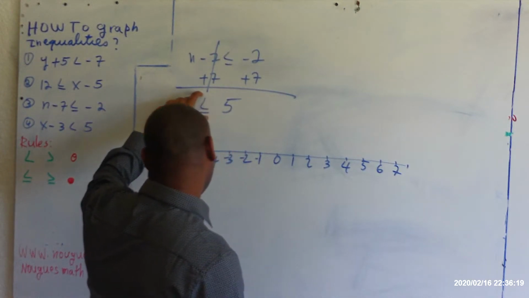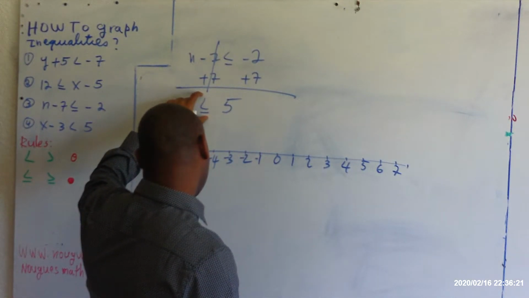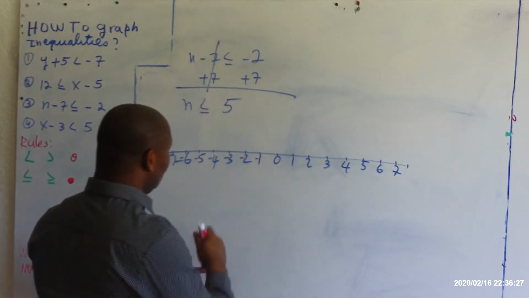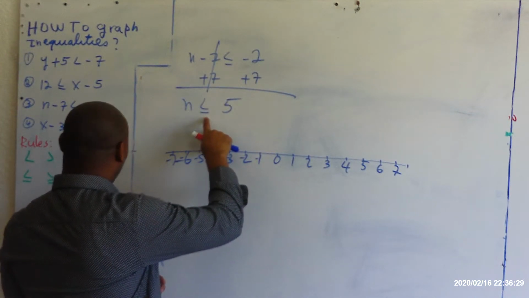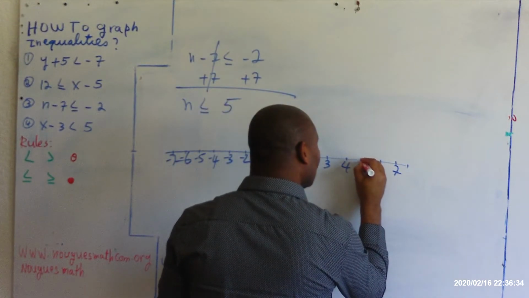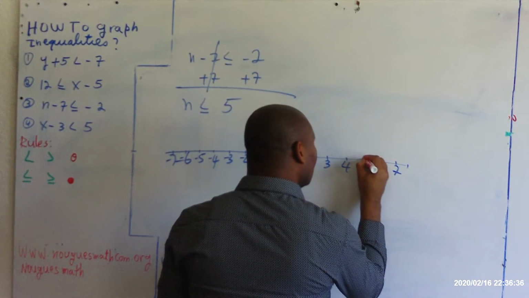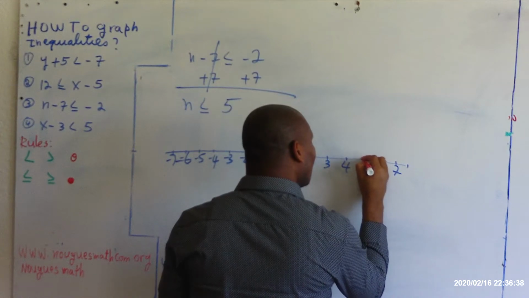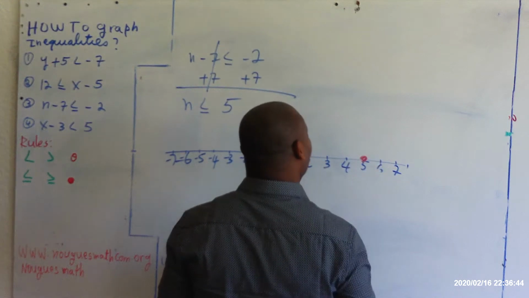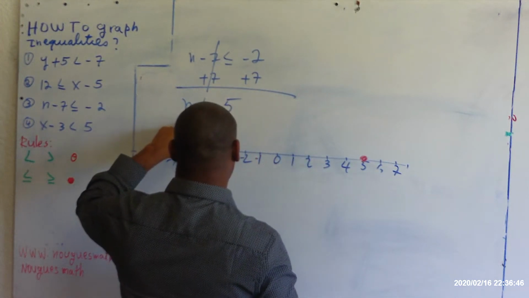Less than or equal means go to the left. Remember, less than or equal means a closed circle right here.